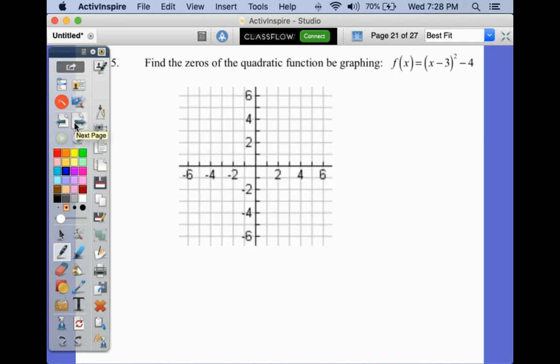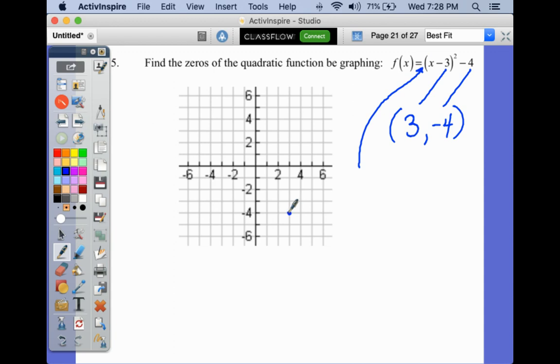Okay, next problem. Find the zeros of the function by graphing. So we're going to go to the vertex, which here is going to be positive 3, negative 4. Okay, so opposite of what's inside the parentheses with what's outside the parentheses. So we're going to 3, negative 4. And then we look for any scale factor change, and there's none.